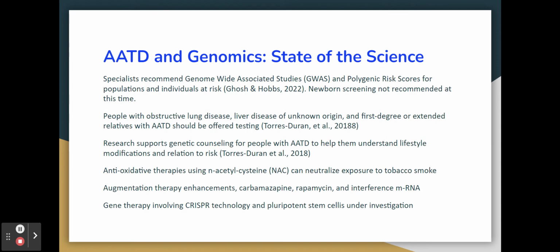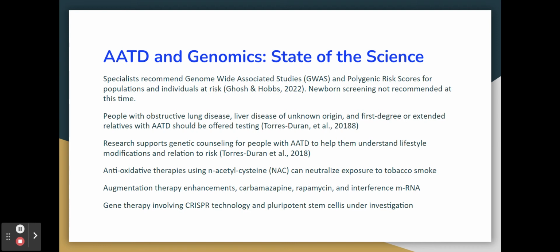So where's the science headed with AATD? Well, a lot of specialists are recommending genetic testing for and polygenic risk scores, like, looking at all different things along the genome for people at risk. They're not recommending newborn screening.